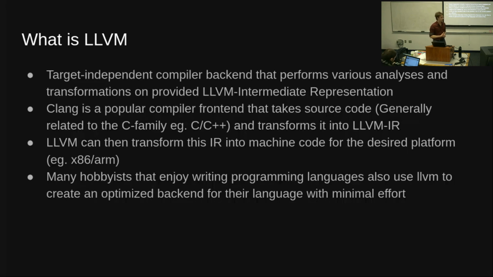So we talked a bit about the compiler pipelines in previous lectures, and how when you compile code, there's the front end where you have your source code, which could be in C, C++, whatever. This is then usually parsed to some abstract syntax tree, and then this abstract syntax tree is parsed to some intermediate representation. And this is the level where LLVM starts.